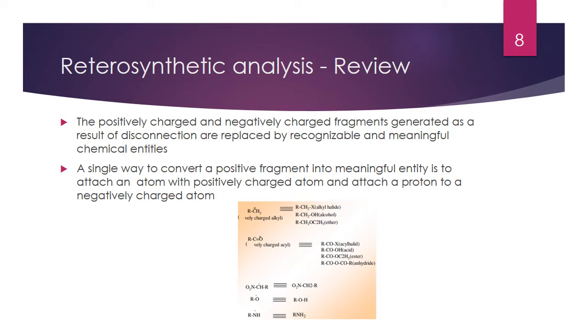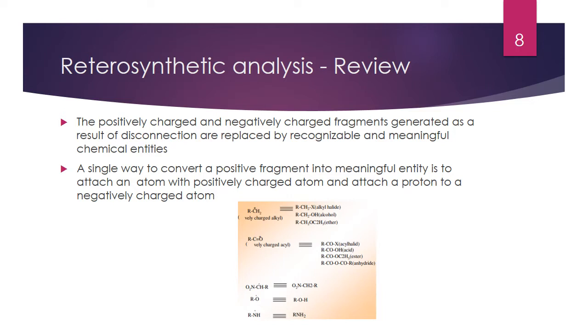Positive charge means deficiency, and deficiency is caused by something that is making it deficient. So a deficient carbon is always attached to an electronegative atom, such as a halogen, an OH group, or an ether functionality.